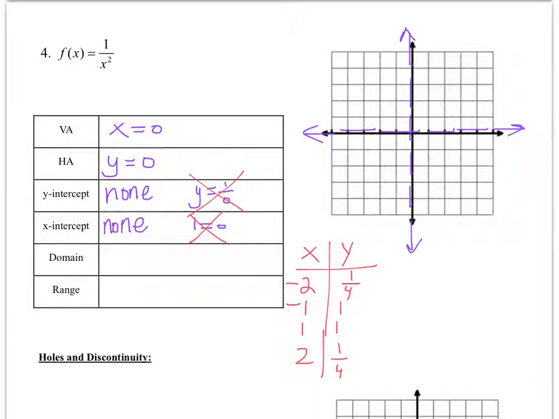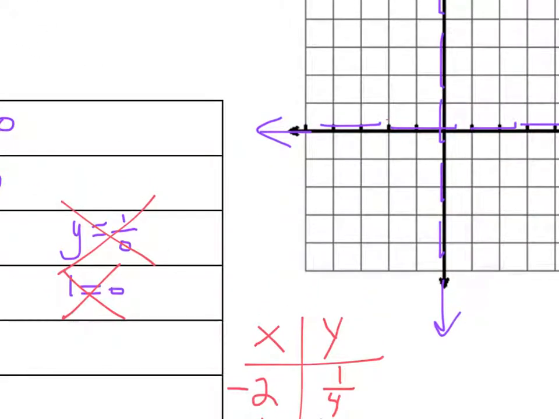Now if we go ahead and graph these points, our function, let's see if I can zoom in here. Oh, there we go. Alright, so at -2 we're at 1/4, at -1 we are at 1, and then at +1 we are also at 1, and at +2 we are at 1/4.